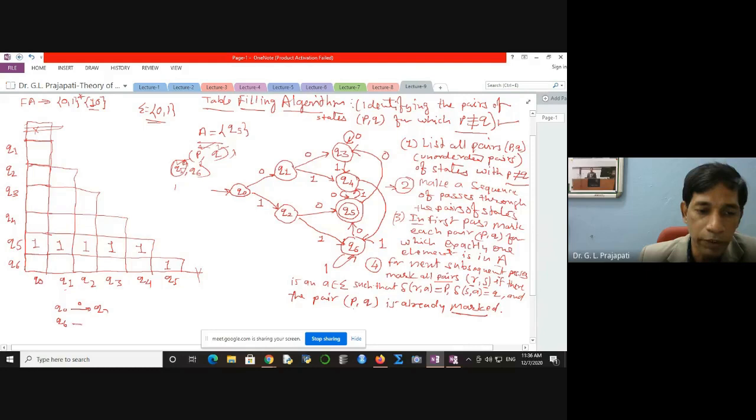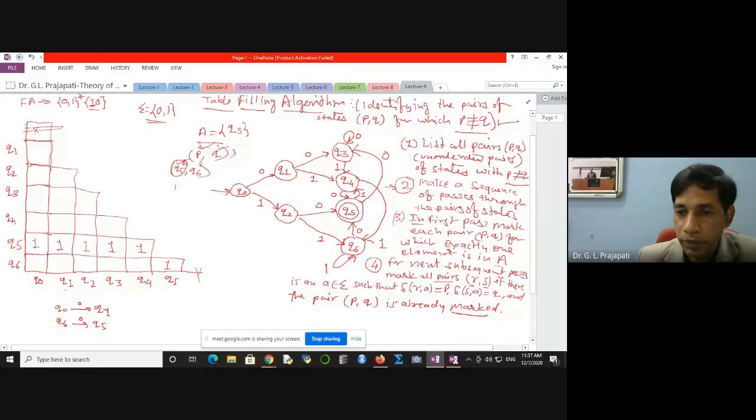If you are at Q6 and input 0, you are going to the state Q5. And you see that the pair Q1, Q5 is already marked.